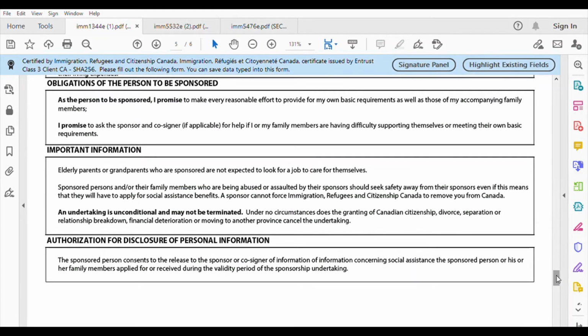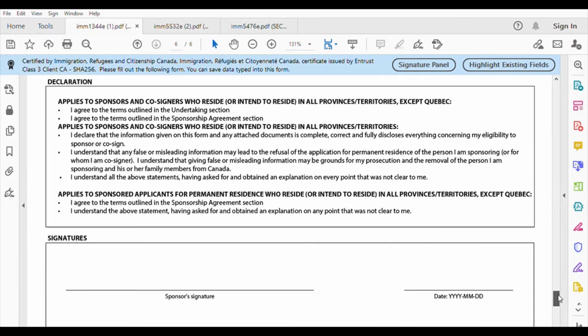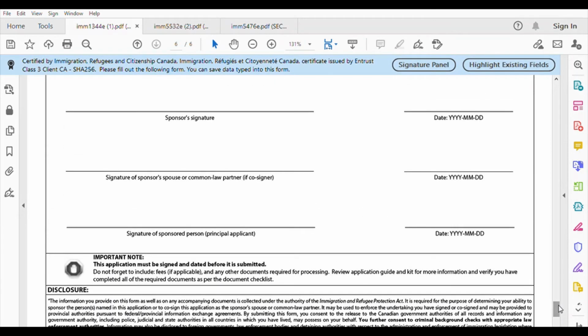So guys, you must read the details here, very important. You must read everything. Here there are a couple of things that are very important for the application.